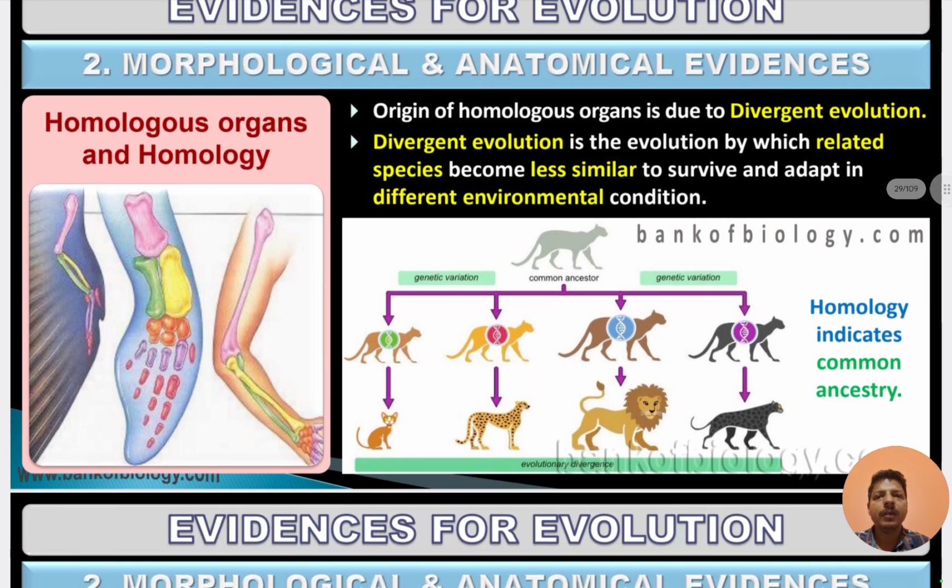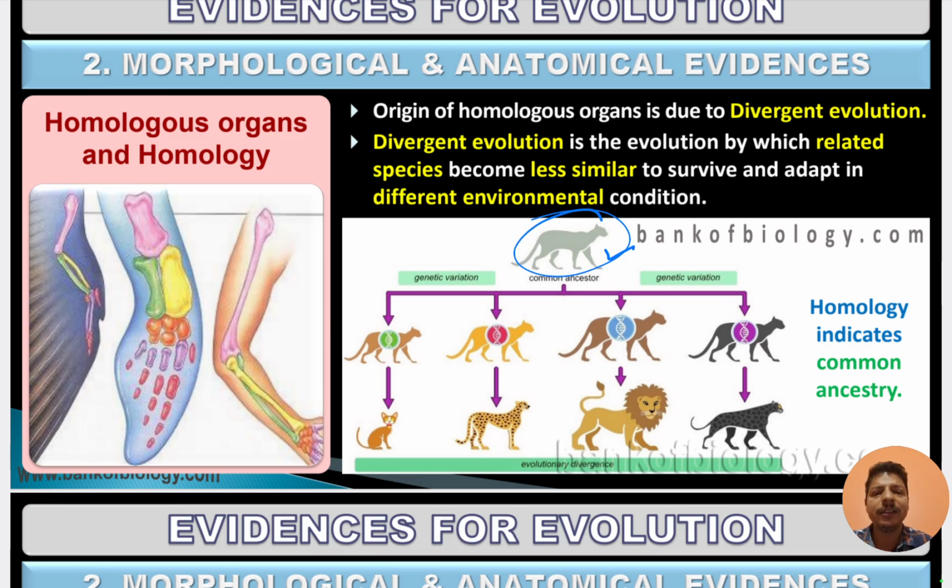Then, the origin of homologous organs is due to divergent evolution. So, why do they all have the same structural origin but different function? Because of divergent evolution. What is divergent evolution? Divergent evolution is the evolution by which related species become less similar to survive and adapt in different environmental conditions. For example, here you can see a common ancestor.